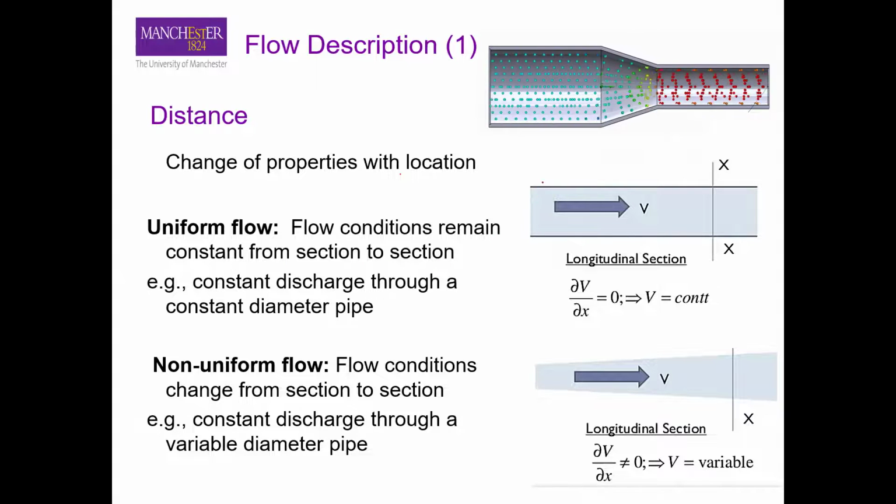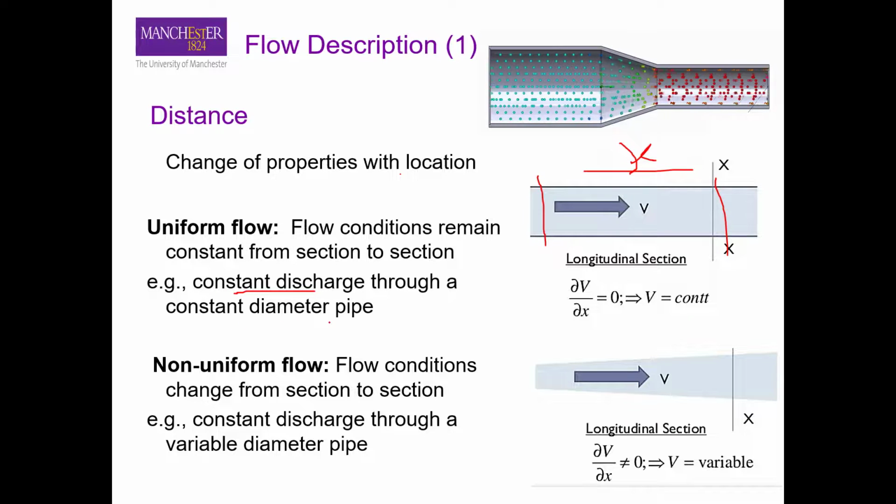It means that the property at this point will be equal to the property at this point here in the x direction over a length, let's say x. And that is shown here: the velocity is not changing with respect to distance, and that is why your velocity is constant.